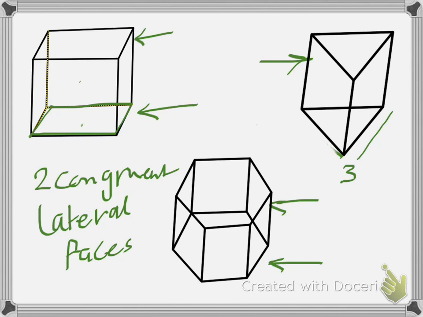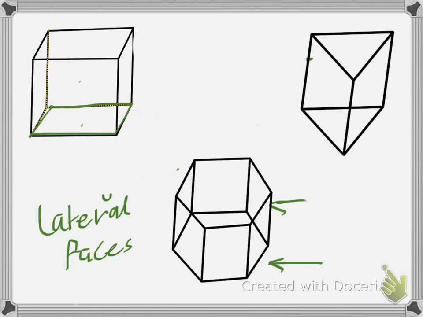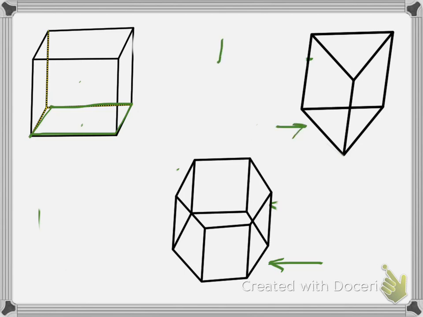Okay, now how to name them? How to name these prisms? Are all of these the same prism? No, each one has a specific name according to its base. If the base is a triangle, as this one in here, we call it a triangular prism.